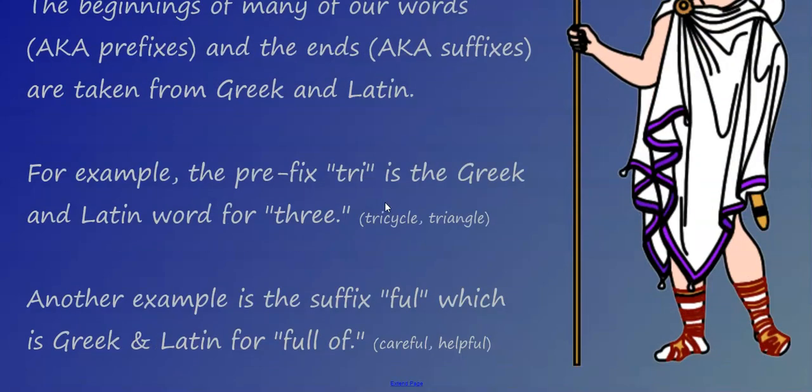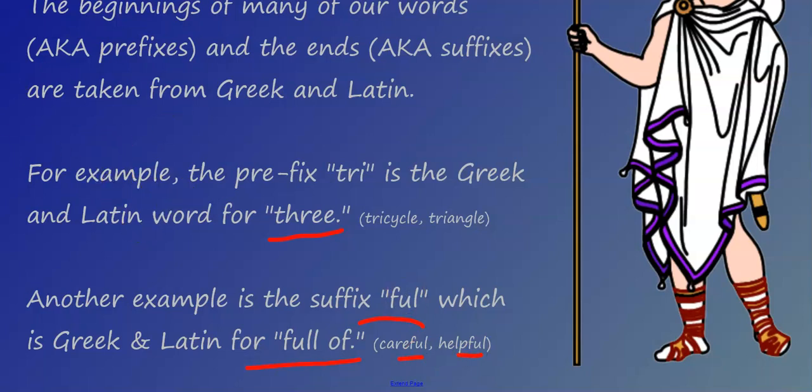For example, the prefix tri, think about tricycle, triangle, is the Greek and Latin word for three, which is really cool. So there you go, three. And then another example is the suffix full, which is Greek and Latin for full of, like careful and helpful. So those are Greek and Latin words.